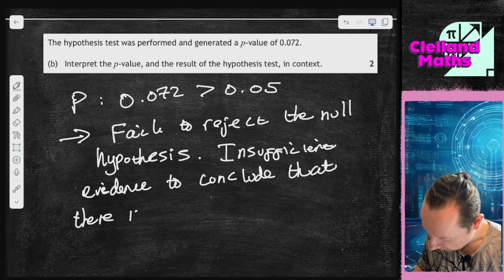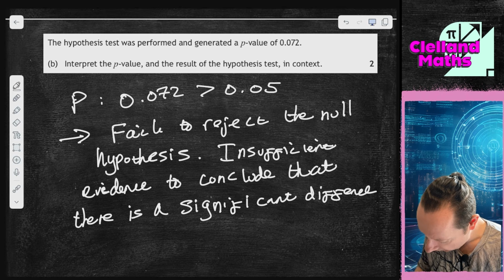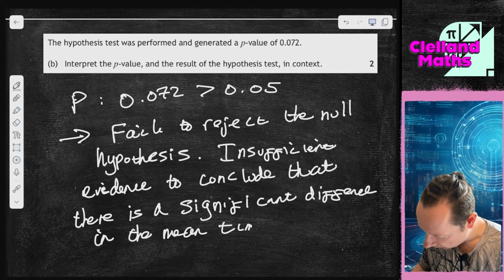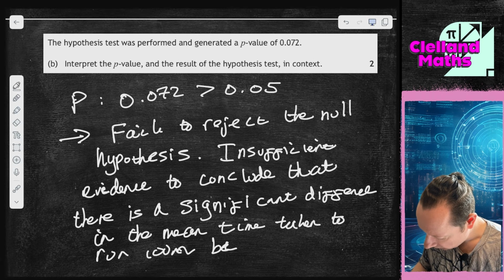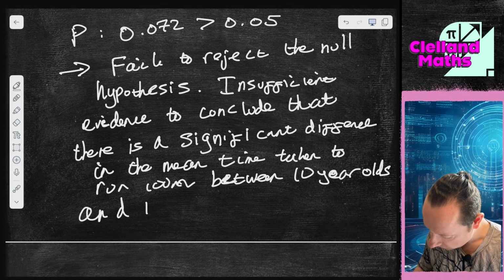There is a significant difference in the mean time taken to run 100 metres between 10-year-olds and 12-year-olds.